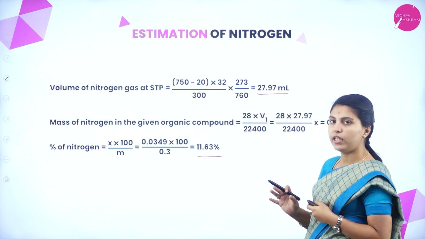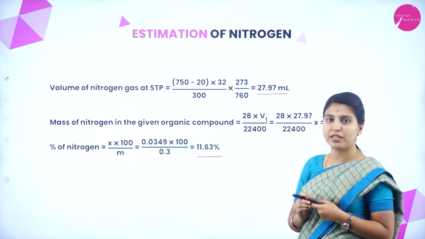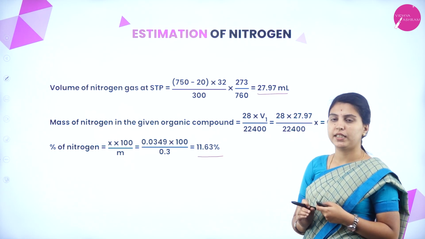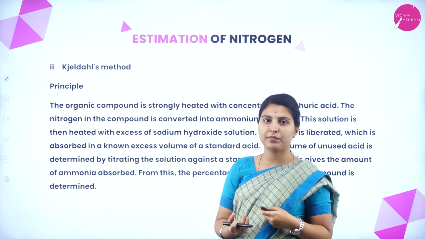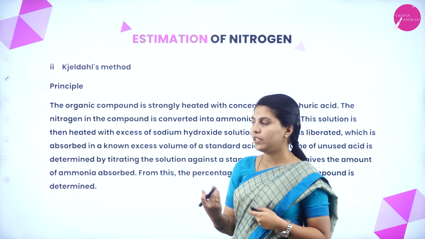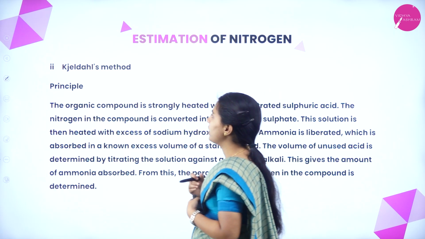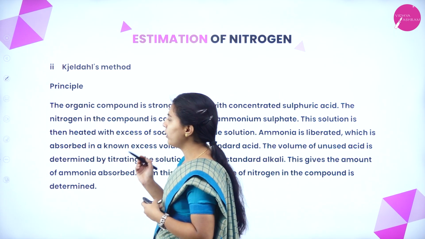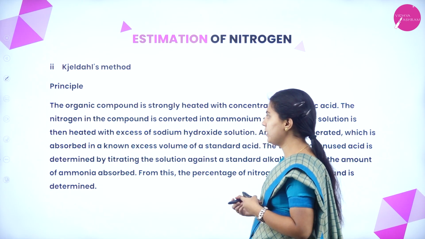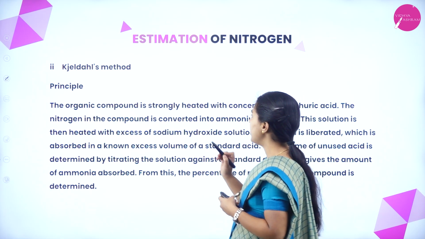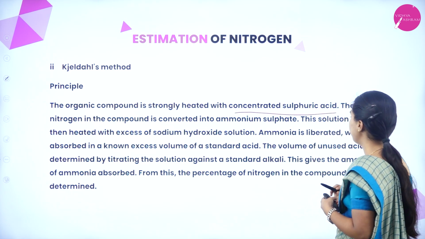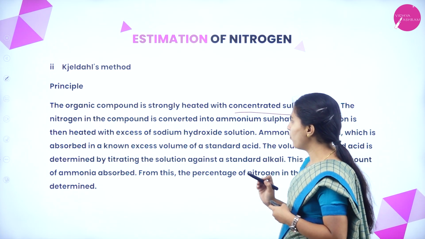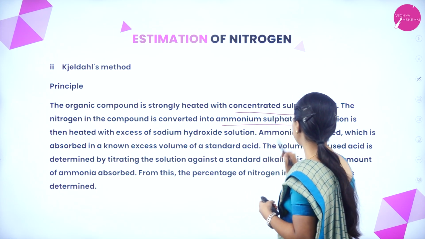This is about the overall estimation of nitrogen by Dumas method. And the estimation of nitrogen can be done by other methods also. Another one is Kjeldahl's method. What is the principle of Kjeldahl's method? The organic compound is strongly heated with concentrated sulfuric acid. The nitrogen in the compound is converted into ammonium sulfate.